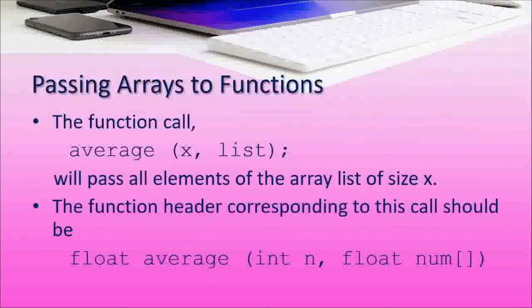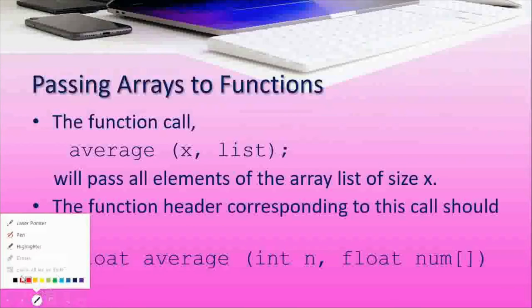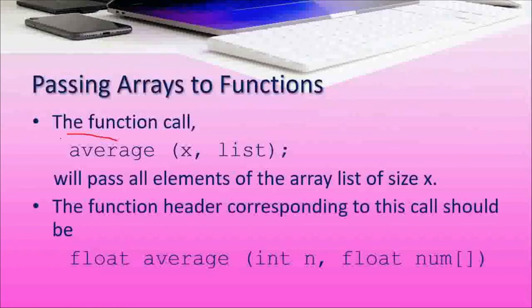Now let's see an example. Here is a function call: average(x, list), where x is the number of elements in the array list. List is an array. Average is the function, and we are calling it within another function, it may be in main or in another function.